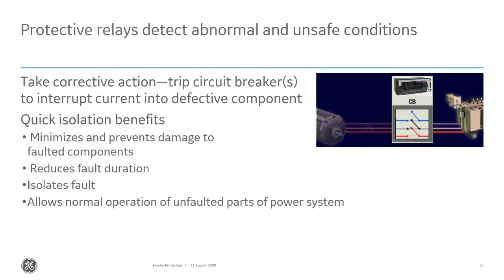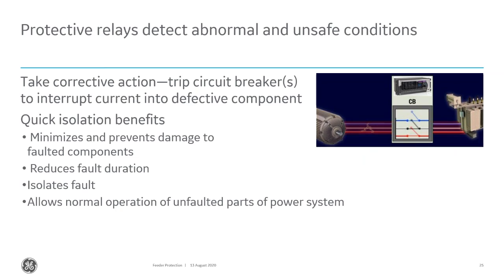As I mentioned multiple times already, but I tend to do that before I get to the slide where I actually want to make the point, just to reiterate: the protective relay is the one that needs to take the corrective action, to sense that fault and give the circuit breakers the signal to interrupt that current.